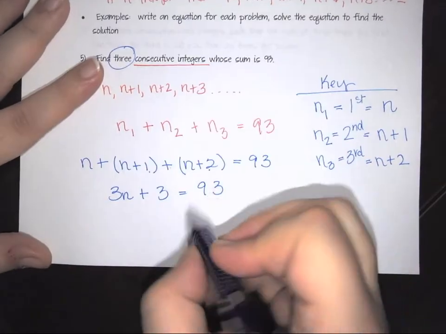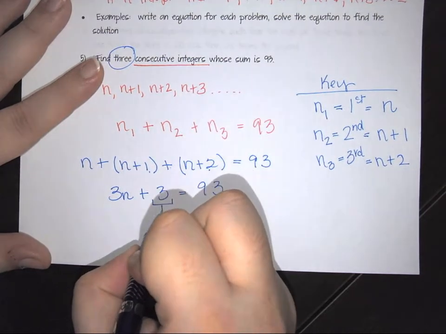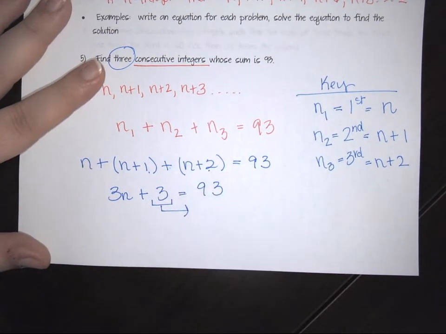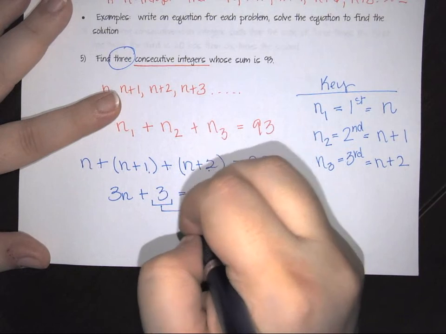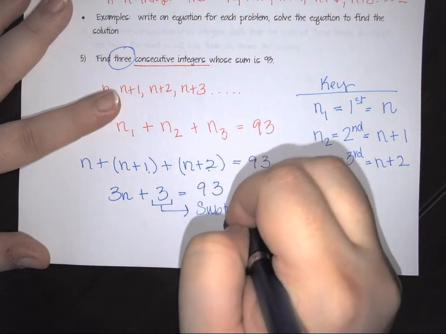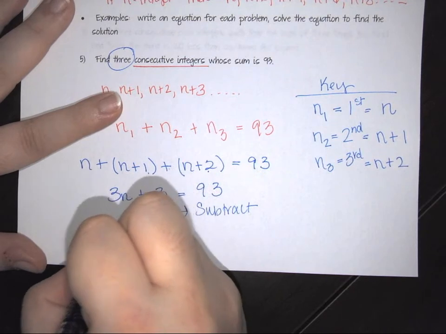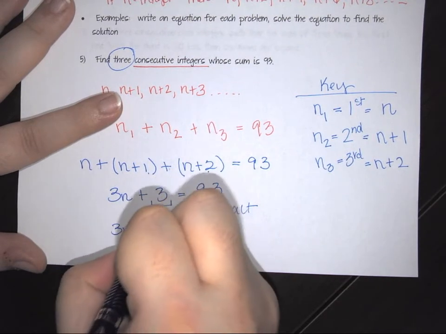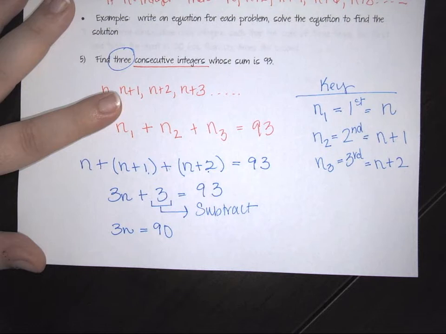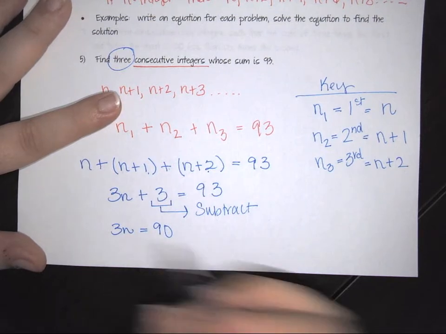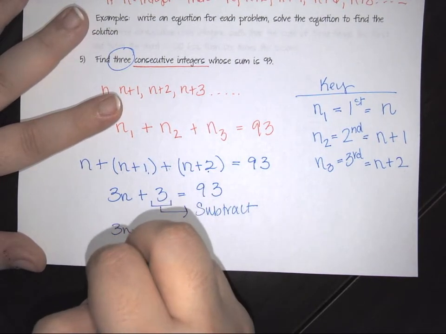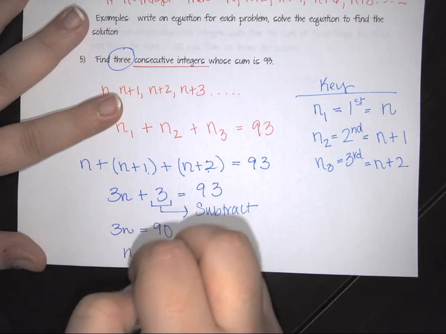To do that, I need to take this 3 and move it. Since it's being added, to move it I have to subtract. So I end up with 3n equals 90. Divide everything by 3 and we end up with n equals 30.